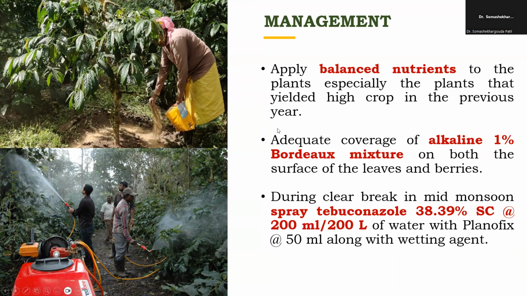The time of spray, and how to spray, that is the coverage of the Bordeaux spray, is very, very important. We should cover both the surface of the leaves and berries, and we should do this spraying before the onset of monsoon, that is usually from the last week of May to the first week of June.